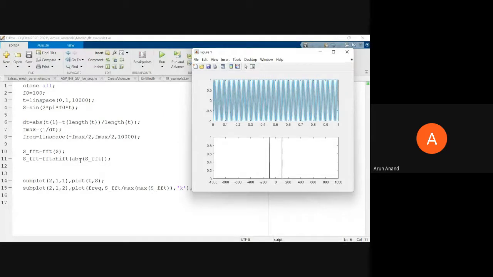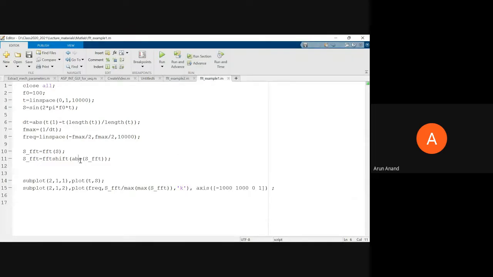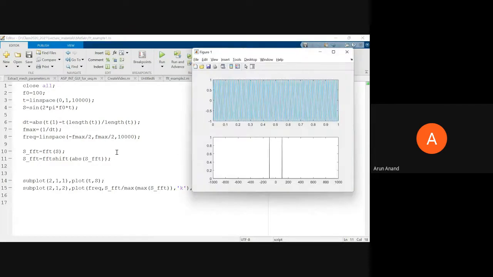The power spectrum is nothing but the absolute of your complex number squared. So your energy is the absolute square and amplitude is your absolute. That is why this absolute is calculated, and then you plot the spectrum. It is basically coming out at 100 hertz and negative 100 hertz. Clear?